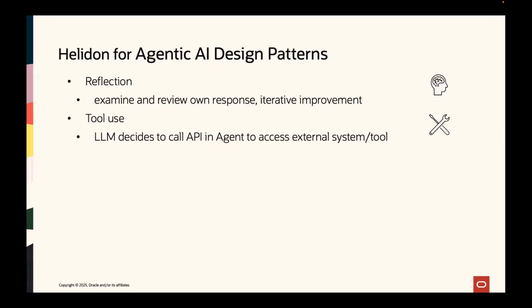Tools are a way for the LLM to call a function or a method in your code, and that code would be your agent to access some type of external system or tool or data, right? It could be as simple as a calculator, right? The annotation for that is just tool, and you pass in a description of what you want the LLM to understand about how to use that tool.